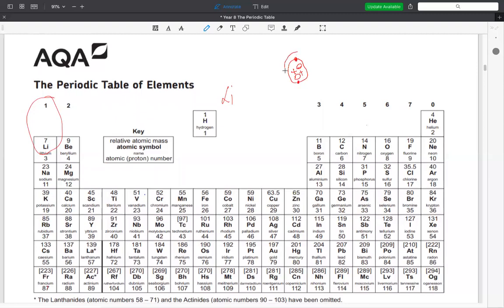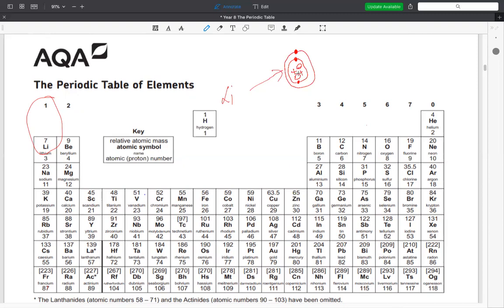And then, if you remember, I said that the second shell can hold a maximum of 8 electrons. But because lithium is in group 1, it only has 1 electron on its outer shell. And the electrons, I'm just going to write like this. Sorry, that's a really bad drawing. That's supposed to be lithium. So this is what the atom of lithium would look like.